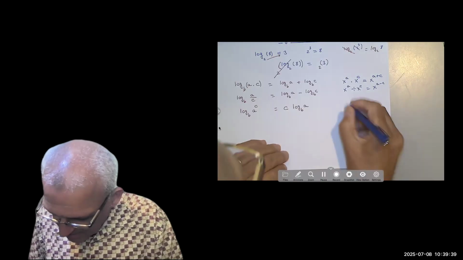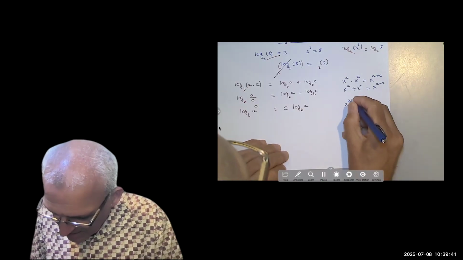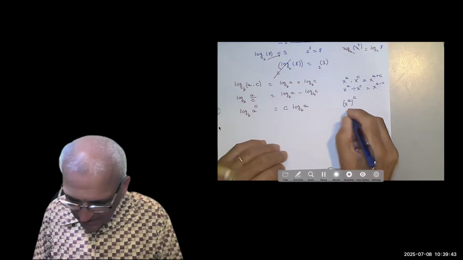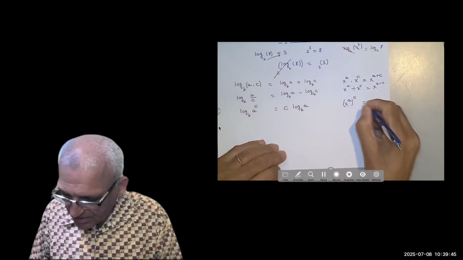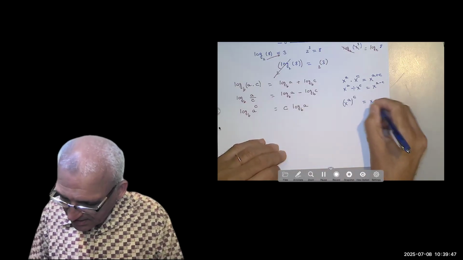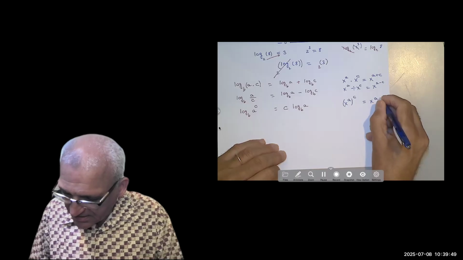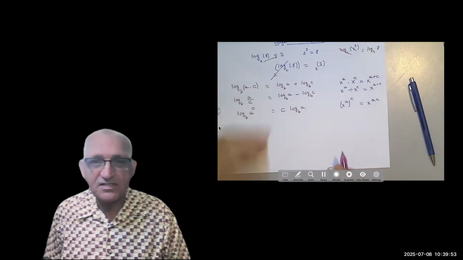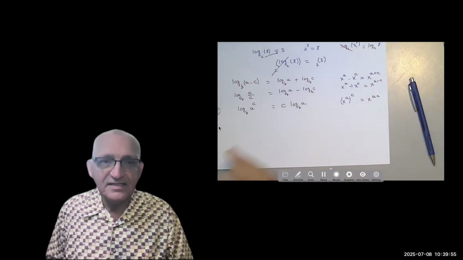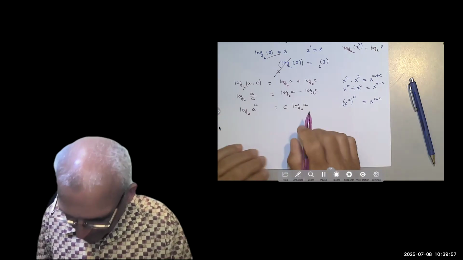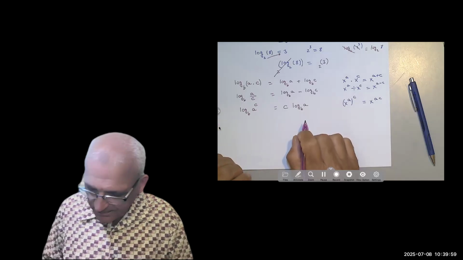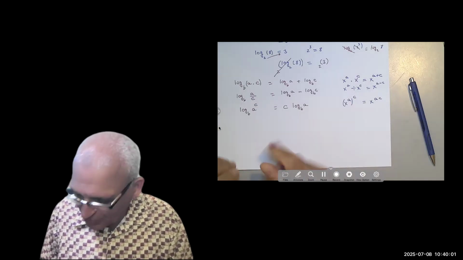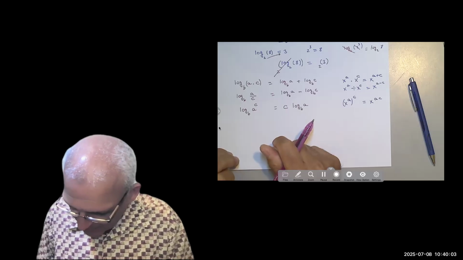Here it was x to the a raised to the power of c equals x to the ac. It's not pretty much the same, but I'm trying to show you something similar.